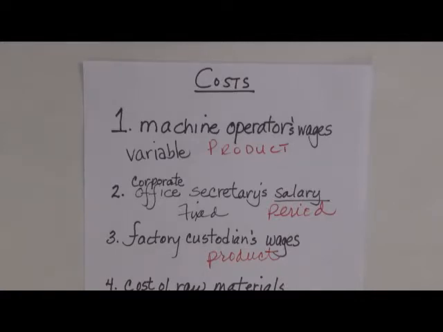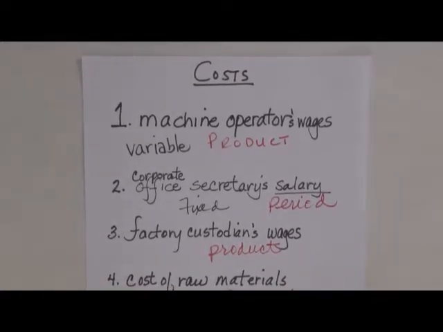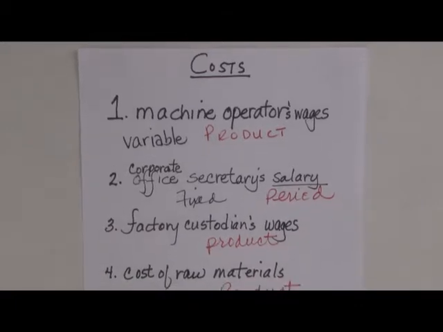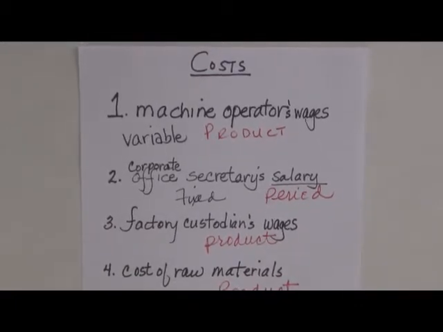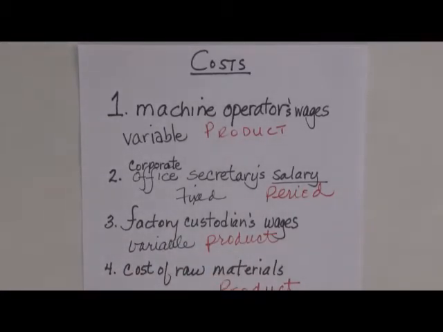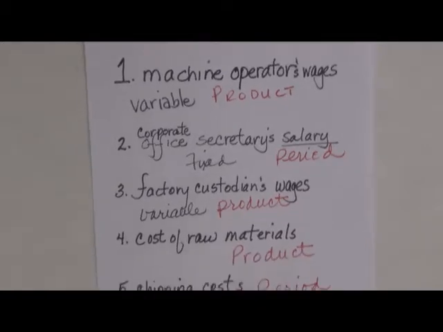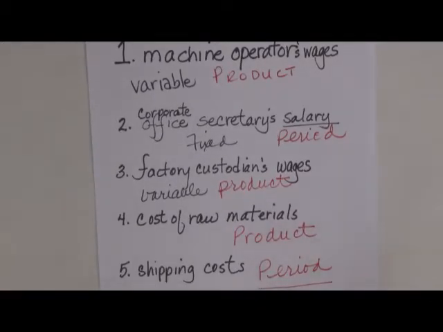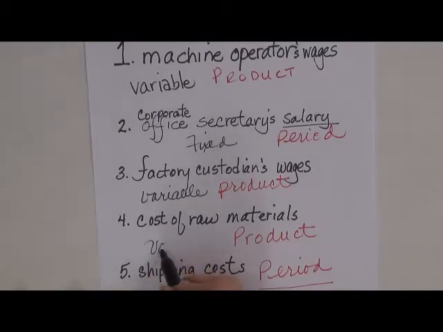The factory custodian earns wages, and if the production facility were to be shut down, he would not be earning any wages or any pay. So this is a variable cost expressed so much per hour. The cost of raw materials would be considered a variable cost because, again, it's so much per unit.